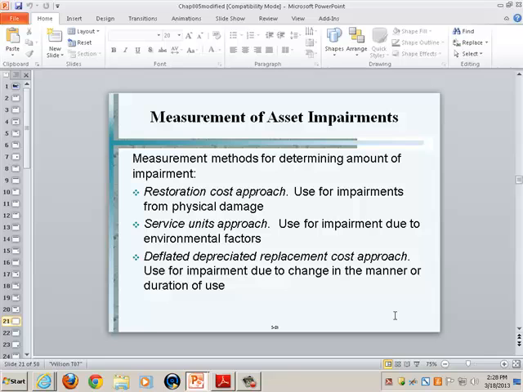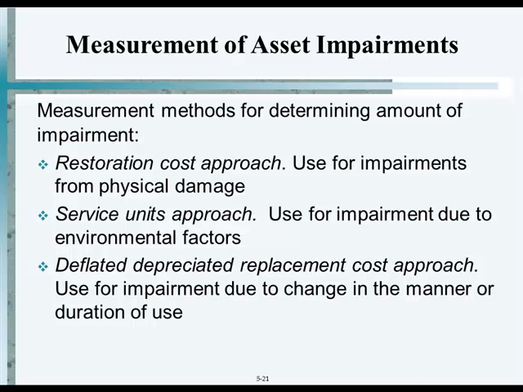No. It has to be valued at the same level as your older building. And this is that fancy term, deflated depreciated replacement cost, and it's hard to imagine this. If you had a building, how could you get the exact building somewhere else? You would never be able to. But this is what we attempt to measure: what would be the cost to replace the building we had in the condition it was. And that's that third definition. So these are the three methods. I'd like you to know what these are.